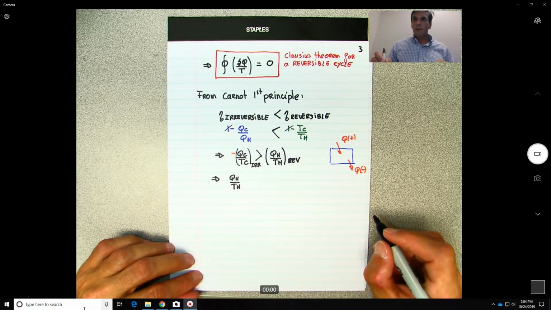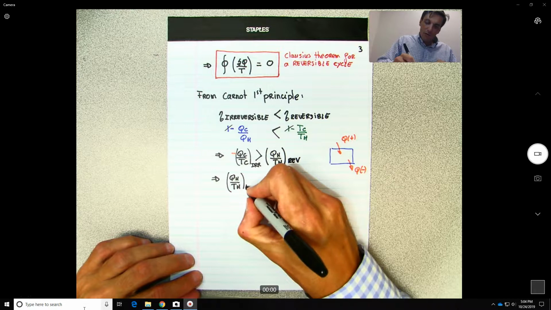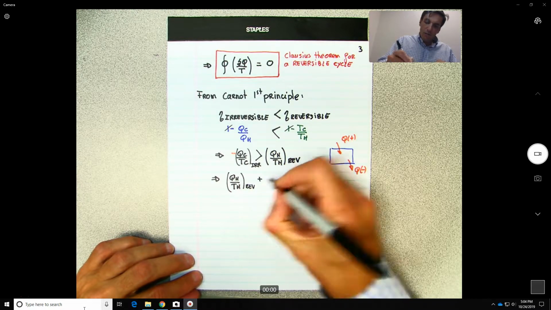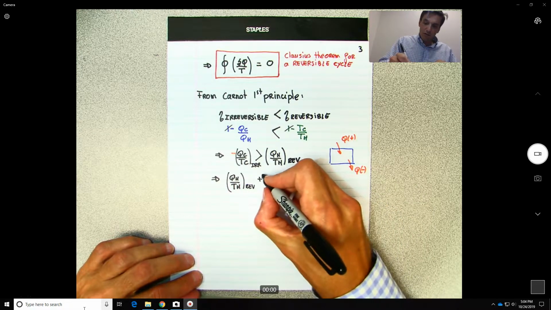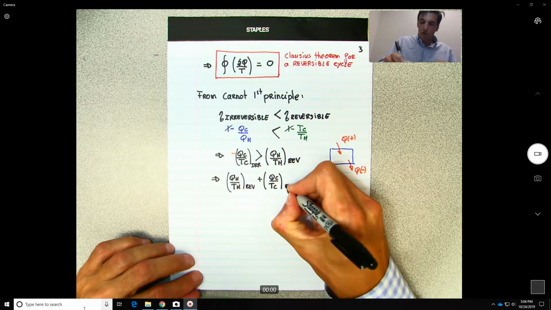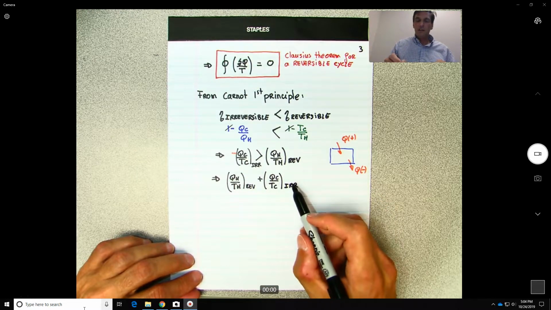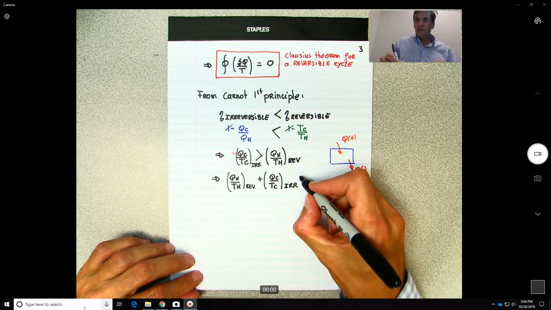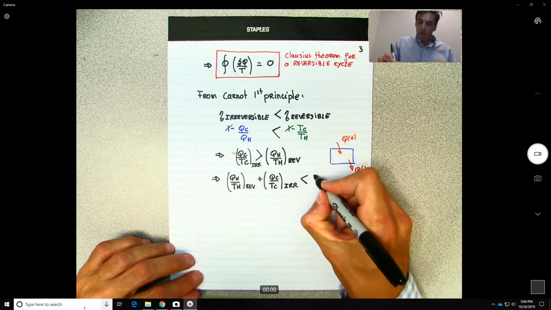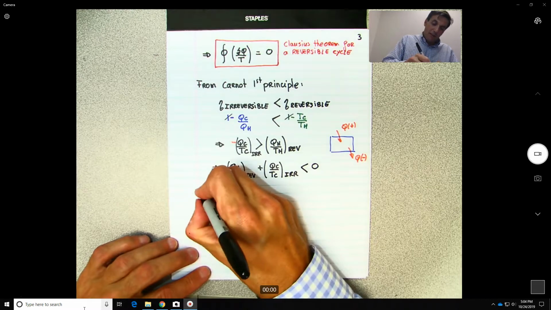So we have Q hot over T_H reversible, plus, moving everything to this side, plus Q cold over T cold irreversible. And again, since we have the minus sign, this is going to switch again: lower than 0.